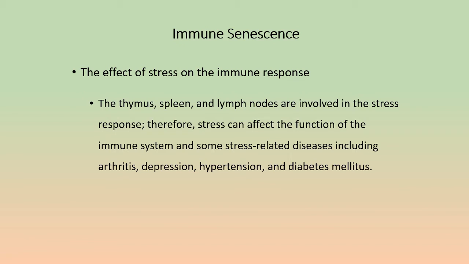The organs that are responsible for the immune system, like the thymus, spleen, and lymph nodes, are very much involved in the stress response. Therefore, stress can affect the function of the immune system. Some stressors are related to disease, as I mentioned, including arthritis, depression, hypertension, and diabetes mellitus, because the body does get stressed, for example, about producing insulin.